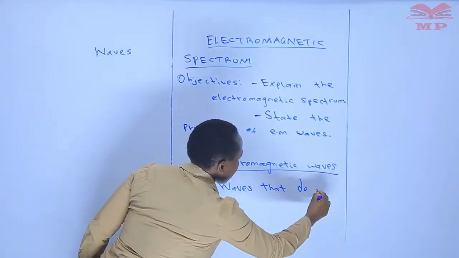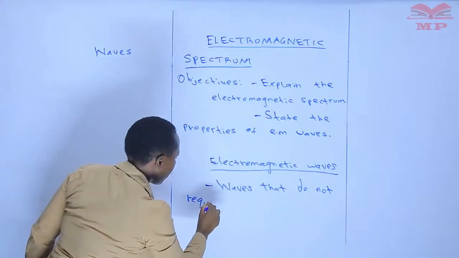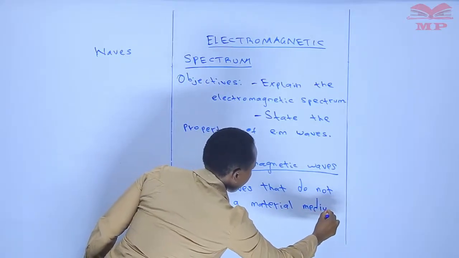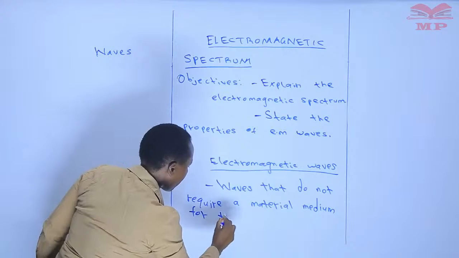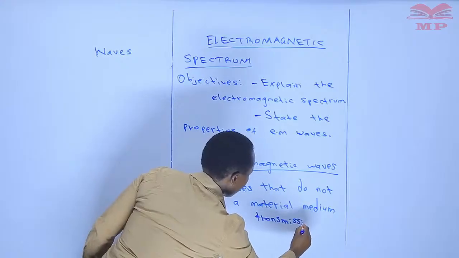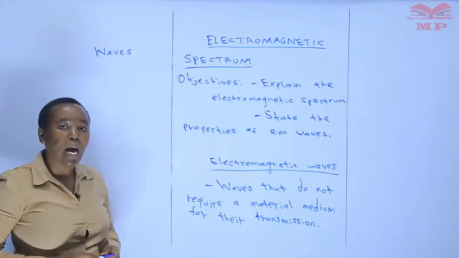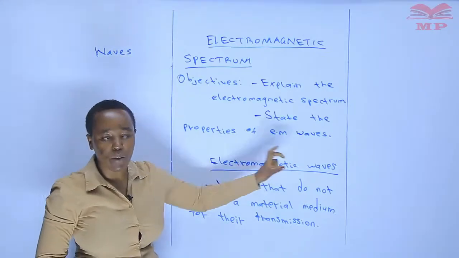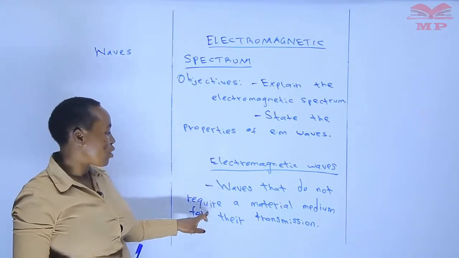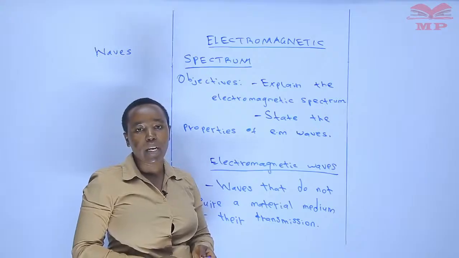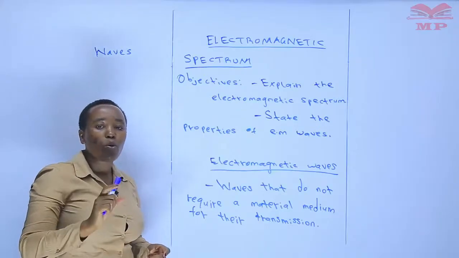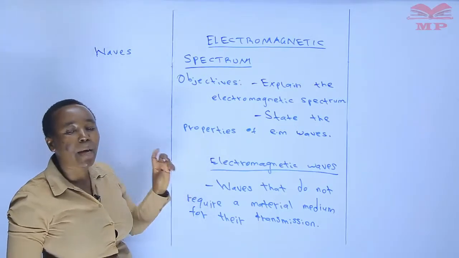They are waves that do not require a material medium for their transmission. That is simply what we refer to as the electromagnetic waves, or what we call the EM waves. Remember, we gave two categories of waves in Form 2, whereby we looked at the electromagnetic waves and the mechanical waves.